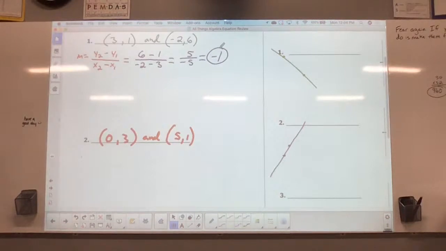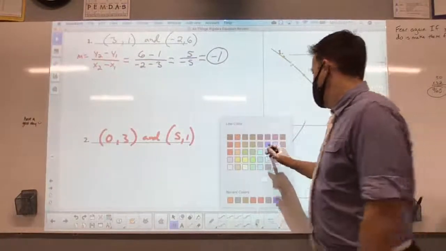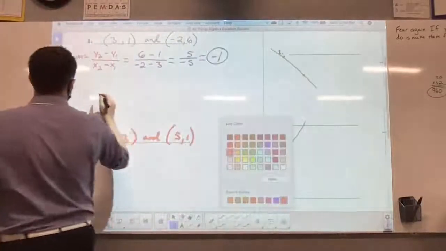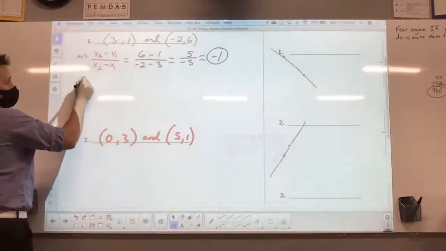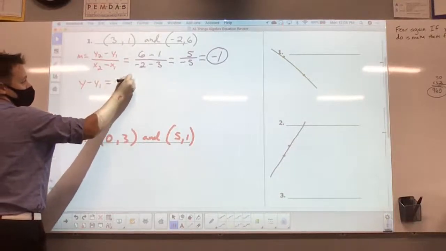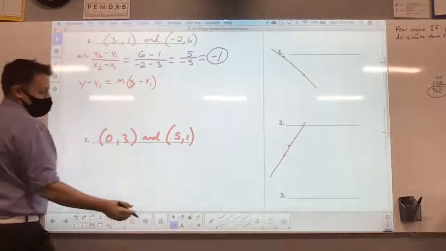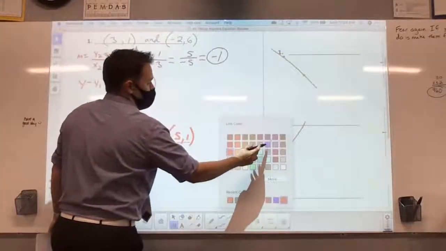Now we have a point. So what do we use, ladies and gentlemen? How do you find y equals mx plus b? You use the point-slope formula. So I'd want you to write y minus y1, and then basically I want you to copy underneath of it what values you're putting in.